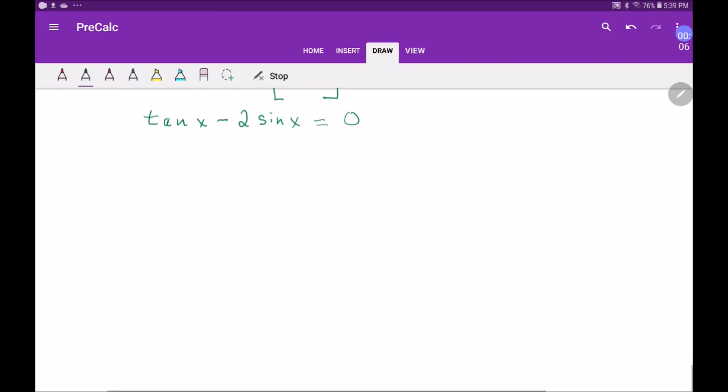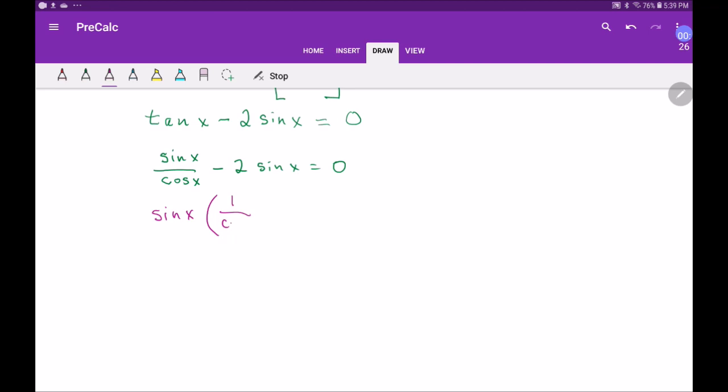I know that the tangent of x is really the sine of x over the cosine of x, minus 2 sine of x equals 0. So let me factor out that sine. I'll say the sine of x times 1 over cosine x minus 2 is equal to 0.